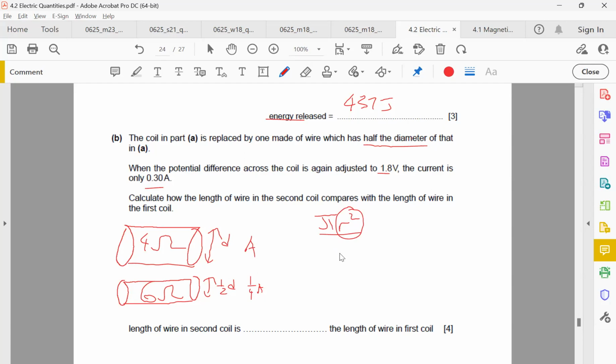Meaning to say, for example, if I had 3, it'll be 9 here. Sorry, if it's 2, it will be 4 here. If it's 3, it will be 9 here. If it's 4, it'll be 16 here, guys. If you double up your radius, you'll get 4 times the area.